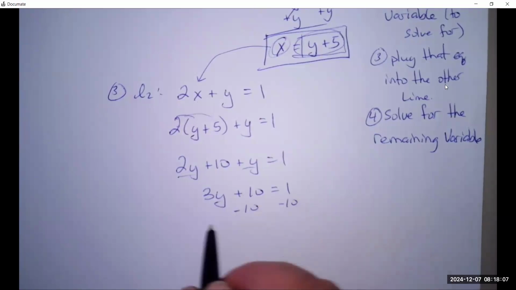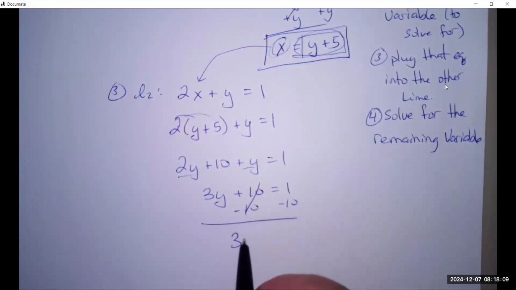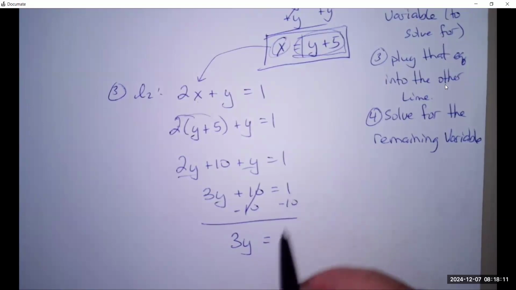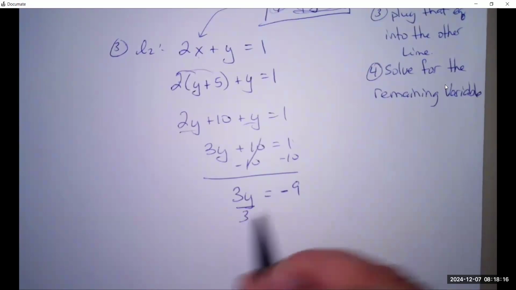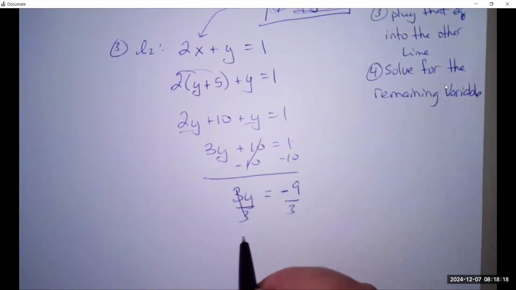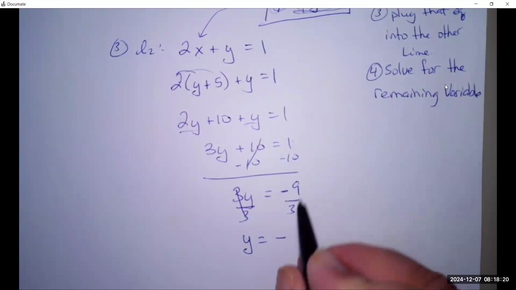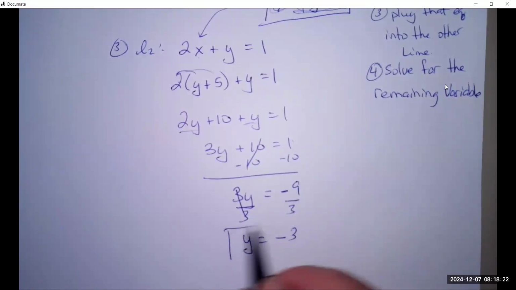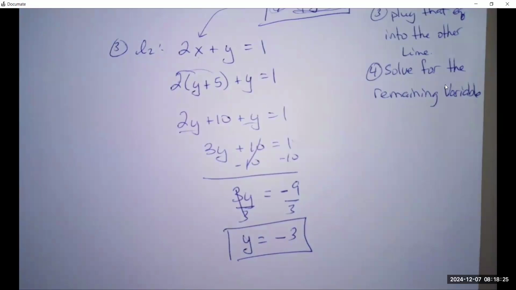Subtract 10. 3y equals 1 minus 10, so it's negative. 1 minus 10 is negative 9. Divide by 3. Negative 9 divided by 3 is negative 3. So y is equal to negative 3.